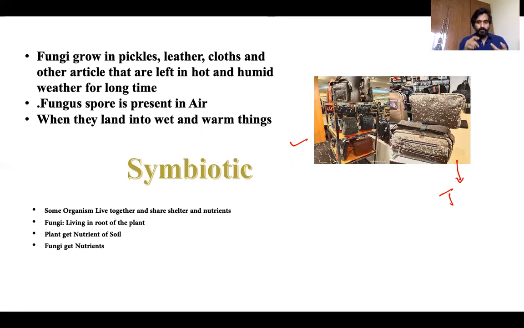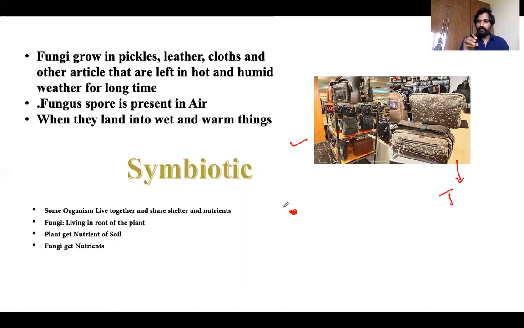And when this fungus spore gets humidity and a little bit of warm weather, it will enter any leather or anything which is some sort of dead matter, right? The spore will stick to that place and start giving secretive juice to that place, and that secretive juice will digest the leather and the wooden part.